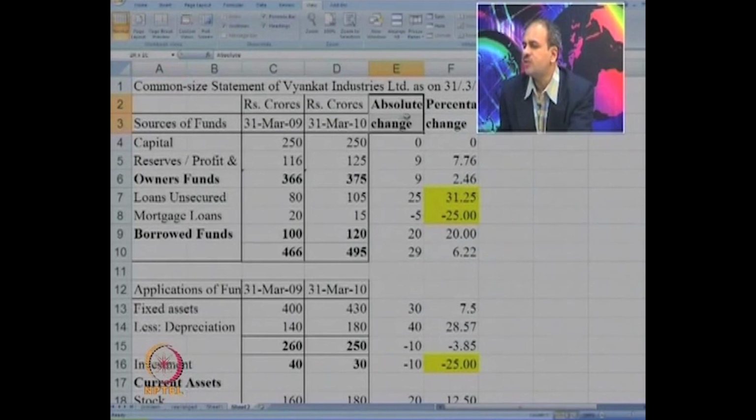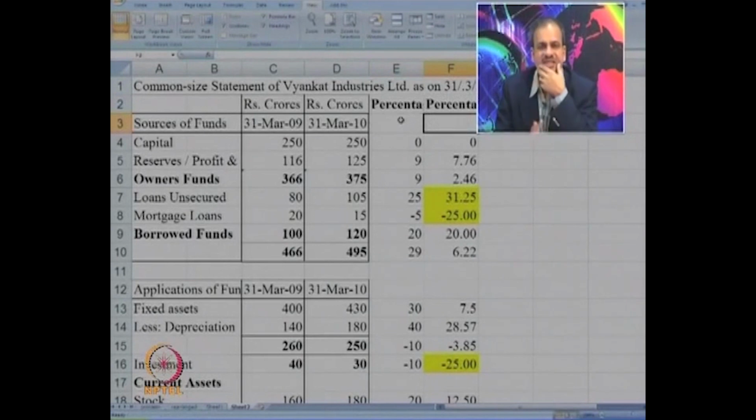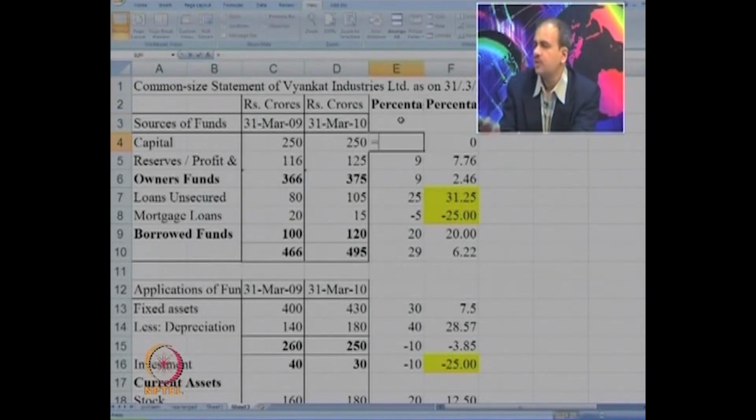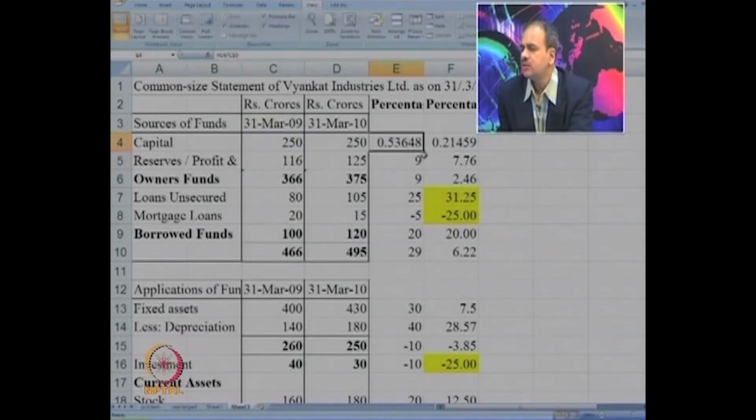Now, instead of absolute and relative changes, we are going to calculate in percentage terms. So, nothing to do with change now, but it is more a percentage of total. You can see this 250, I will try to relate to the total of sources, which is 466.